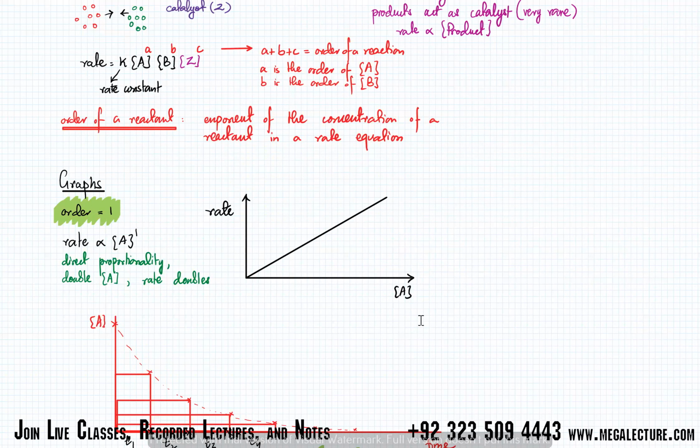So whenever plotting the graph, make sure that any other variable that affects, especially rate, because we're investigating rate, right? So keep all other variables constant throughout the reaction.